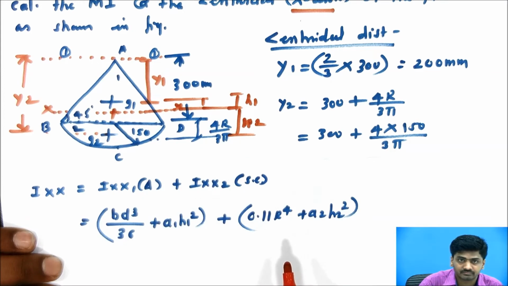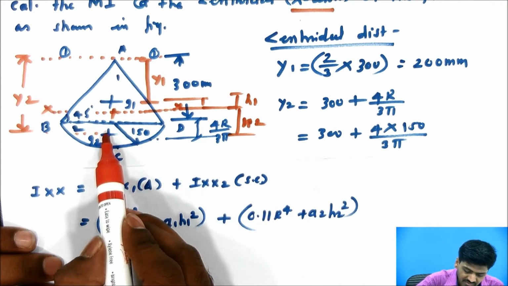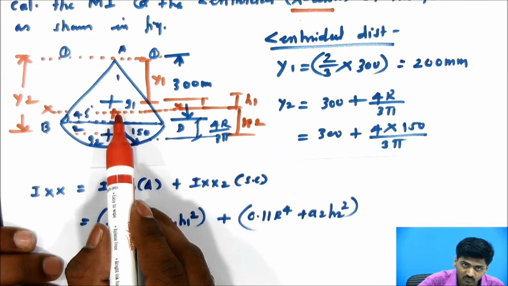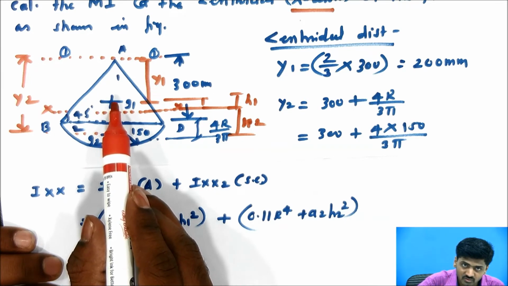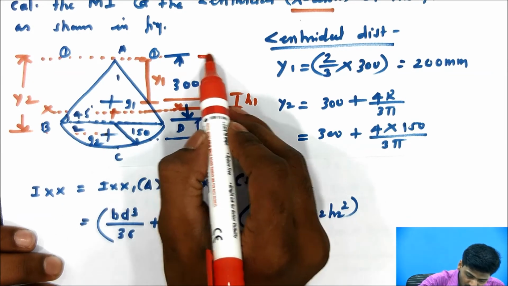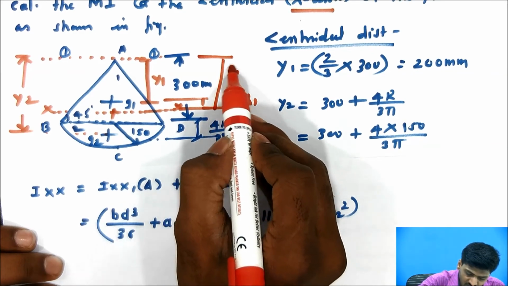G2 to the reference axis x, G1 to the reference axis, this is the vertical distance, that is nothing but h1, and from the top to here, this is nothing but your y bar.